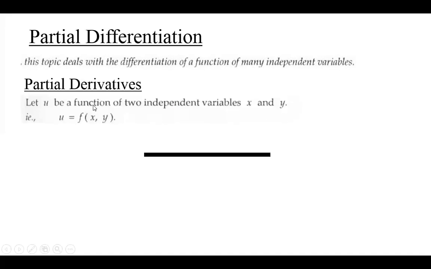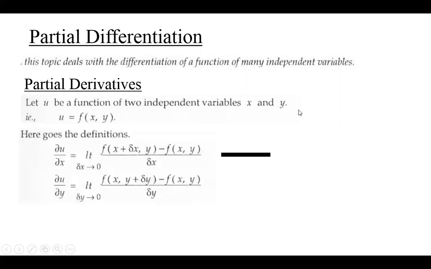To start with, let us consider u to be a function of two independent variables x and y. It can be represented as u is equal to f of x comma y.